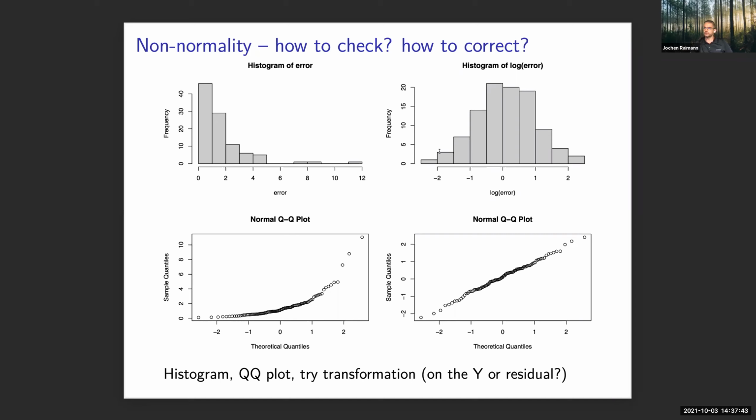However, if you start to transform it, and there are various ways of transformation, logarithmic transformation as done here being one of the more common ones, you will succeed in getting your data to more closely resemble a normal bell curve, a normal distribution.